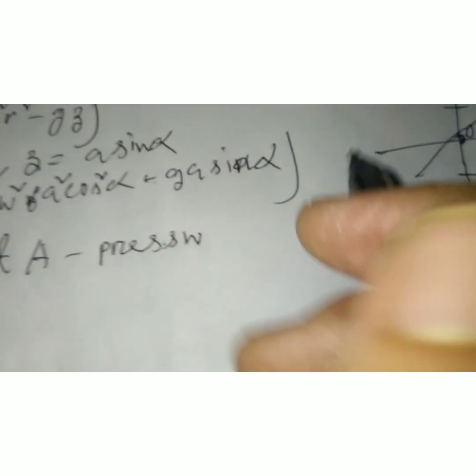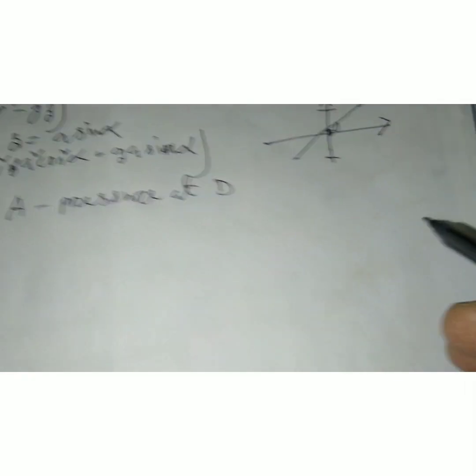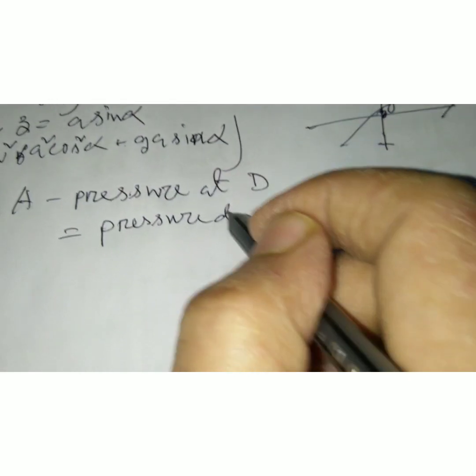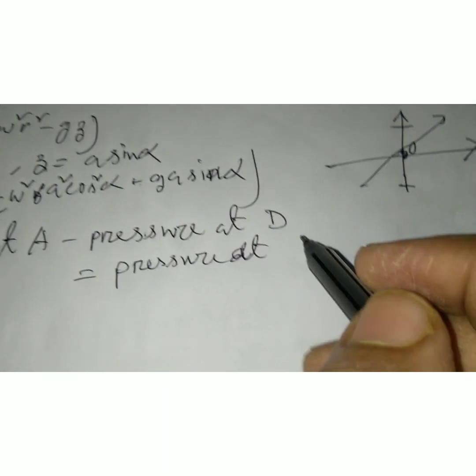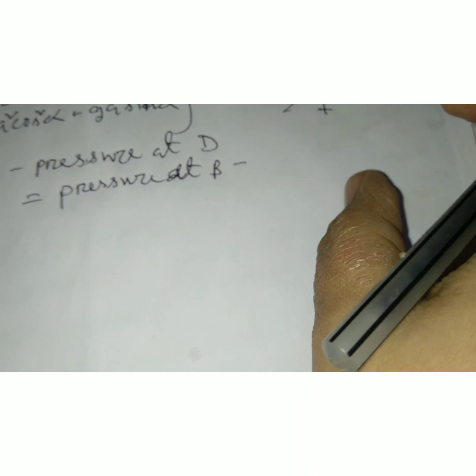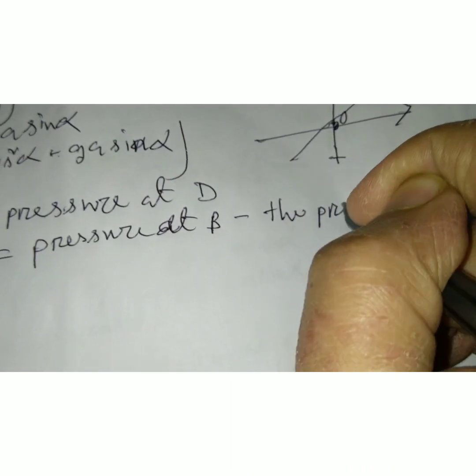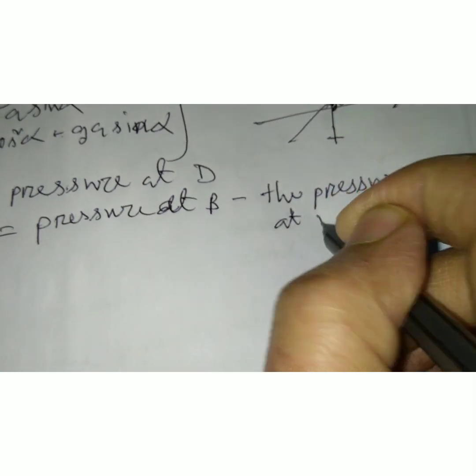Now the difference of pressure: pressure at A minus pressure at D equals pressure at B minus the pressure at D. Why?